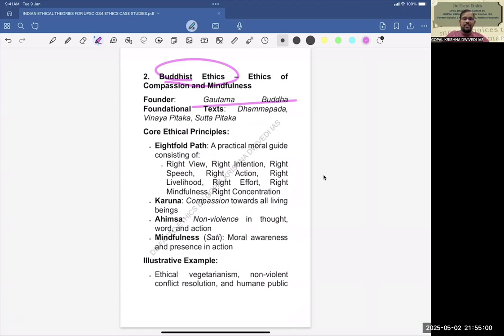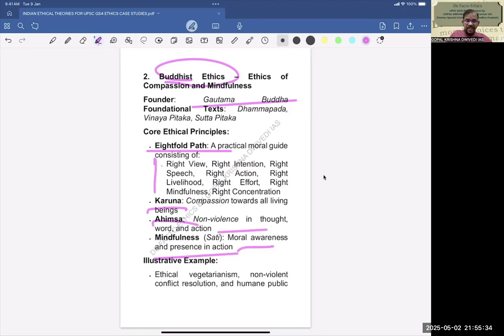The core ethical principles include the eightfold path, a practical moral guide consisting of right action, right view, right speech, right livelihood, right effort, and so on. They also prescribe karuna, compassion towards all living beings; ahimsa, non-violence in thought, word, and action; and mindfulness, moral awareness, and presence in action.